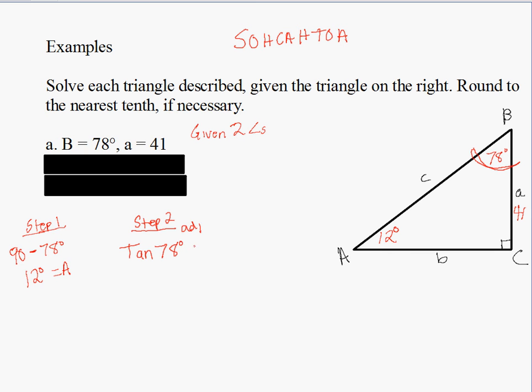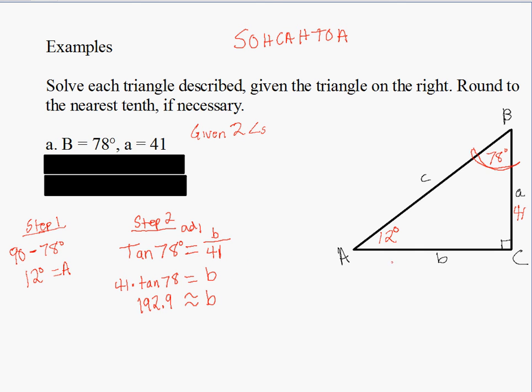Tangent of 78 degrees is equal to the opposite, which is B, divided by 41, which is the adjacent. In order to solve, I need to multiply both sides by 41, so 41 times tangent of 78 degrees equals B. So approximately B is 192.9.